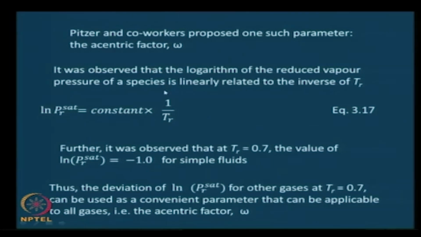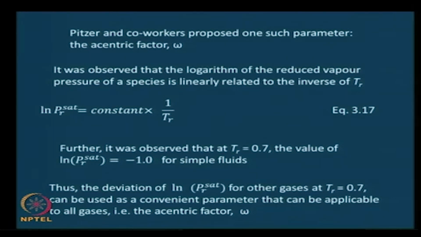This came about from the observation that the logarithm of P_R^sat for a large number of gases is directly proportional to the inverse of the reduced temperature, and that was one aspect.